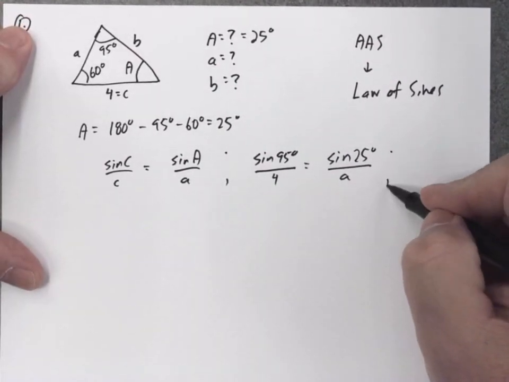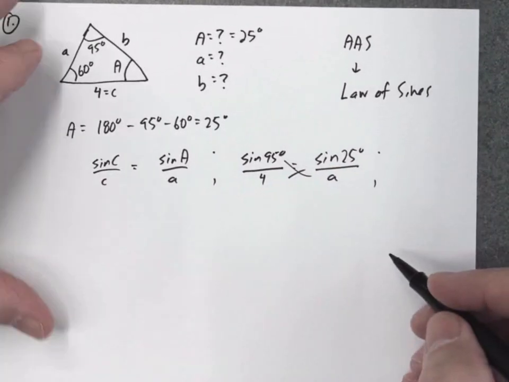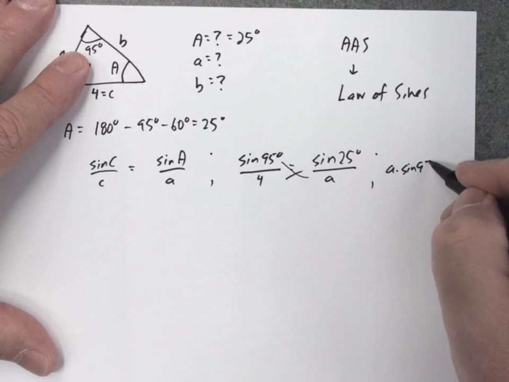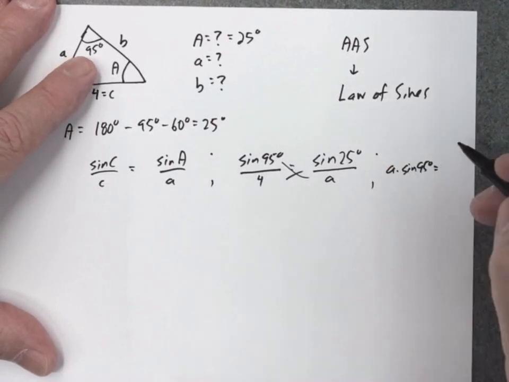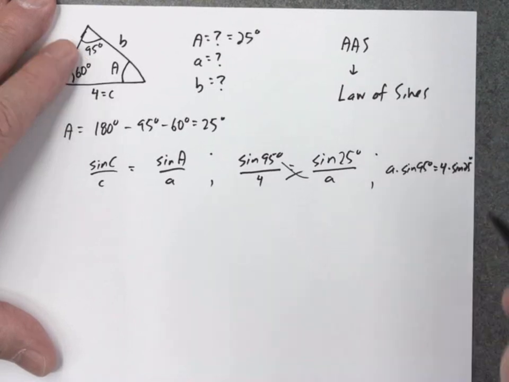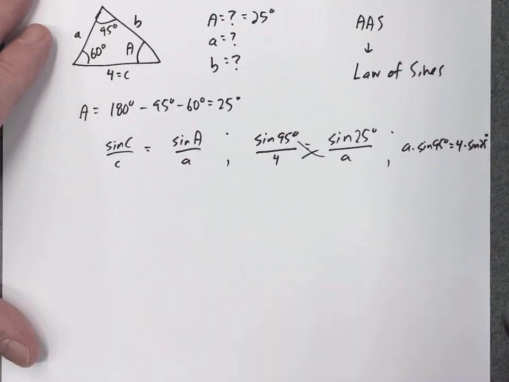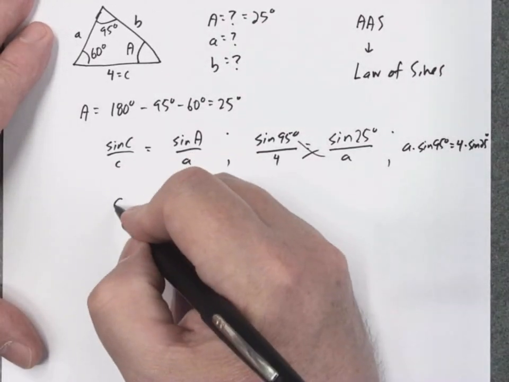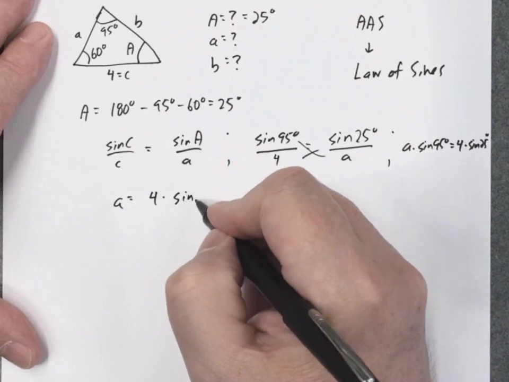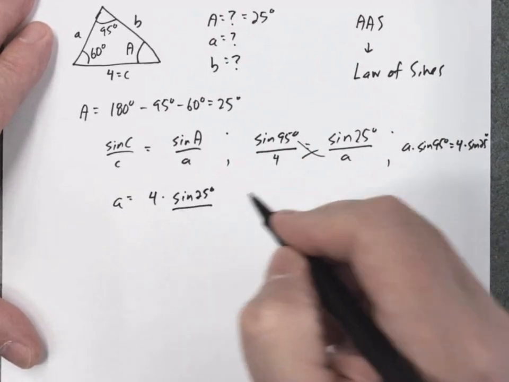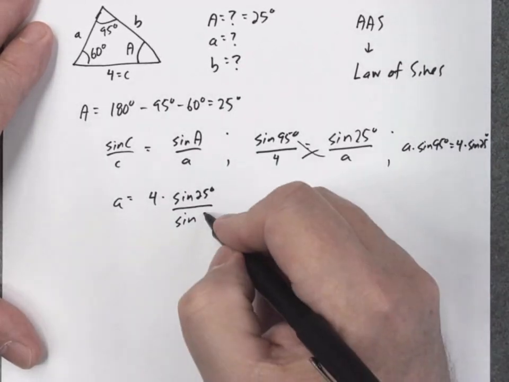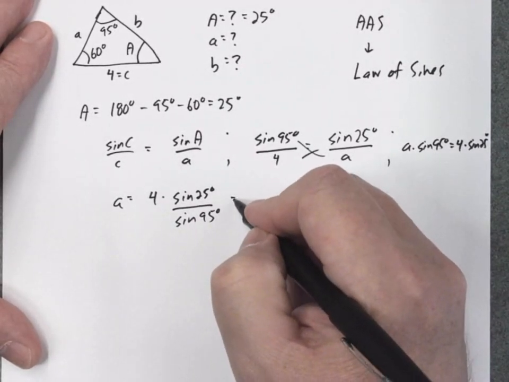Now what I like to do with these problems, a lot of times, is cross multiply. So we have A times the sine of 95 degrees equals 4 times the sine of 25 degrees. Almost run out of room. If I solve this for A, you end up getting 4 times the sine of 25 degrees over the sine of 95 degrees.